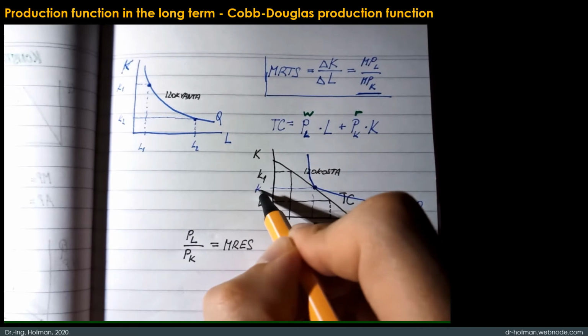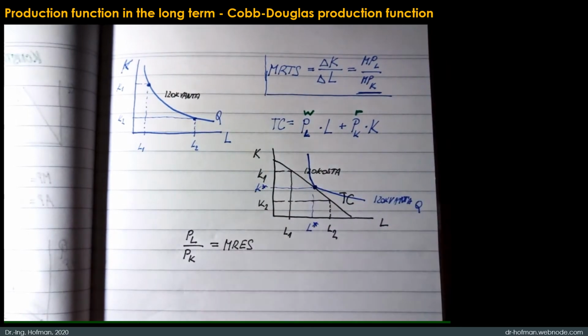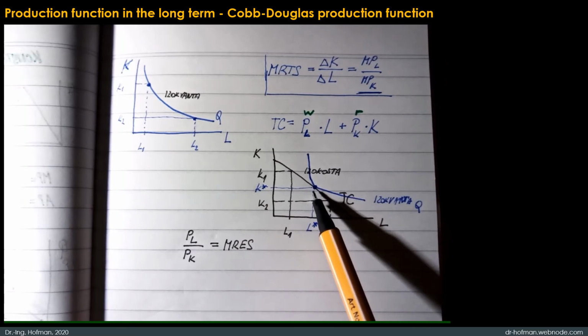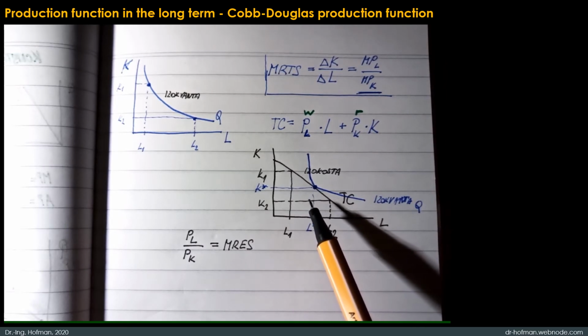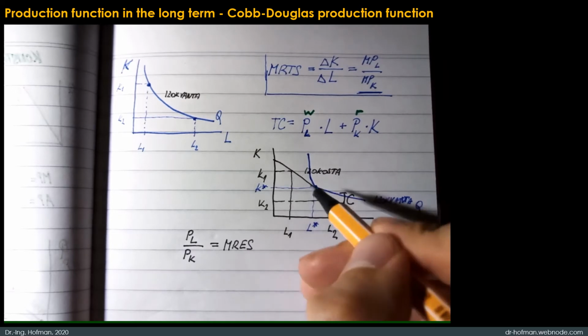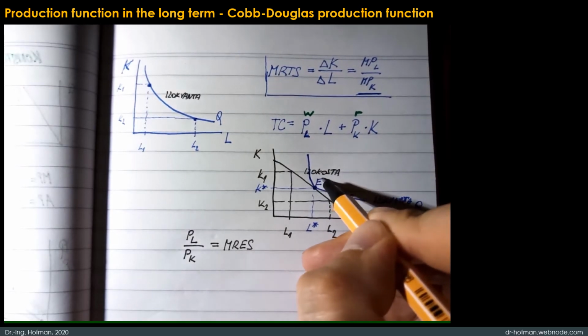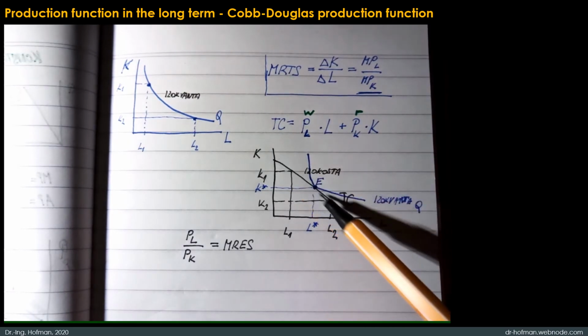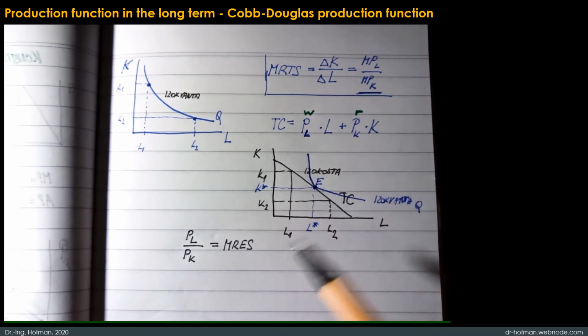We can mark the point where they meet with the coordinates L asterisk and K asterisk. At this point the company gets to the maximum profit, the so-called E point, equilibrium point.